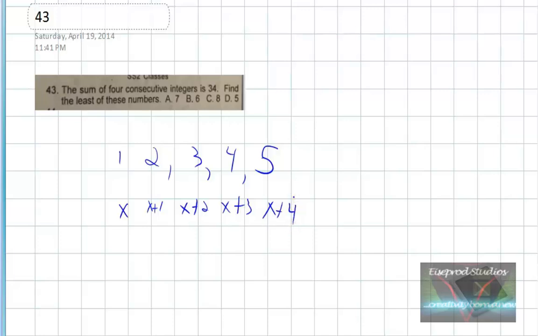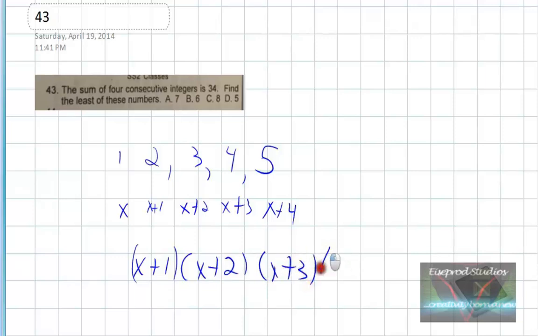So basically I can have any numbers: x, x plus 1, x plus 2, and x plus 3. And I'd be adding them because it says the sum, so I'm going to put this here so it doesn't look like I'm multiplying. And the sum of all of these numbers is going to give me 34.